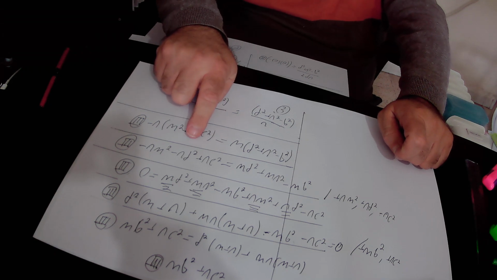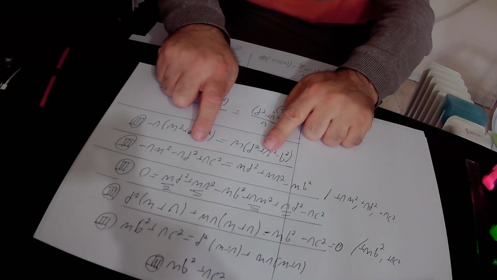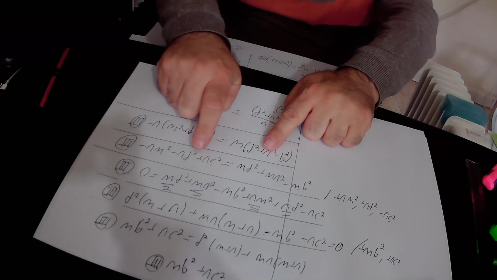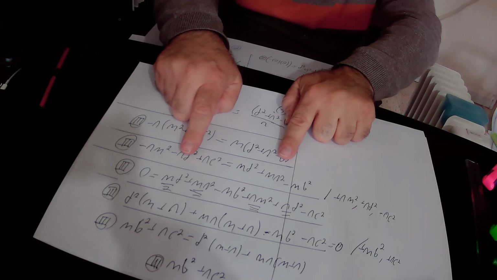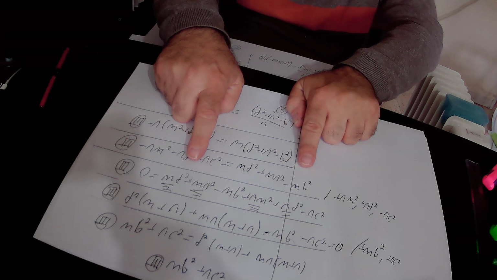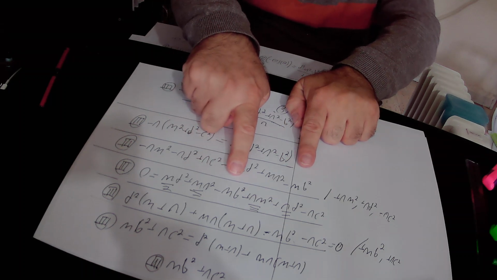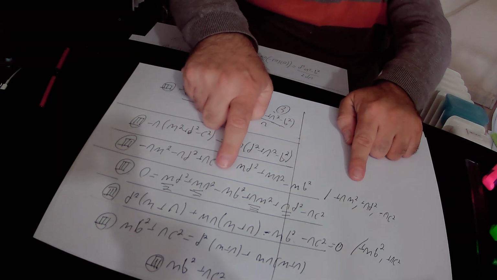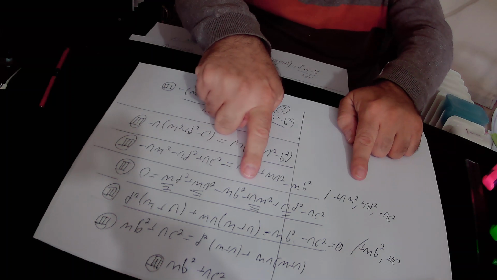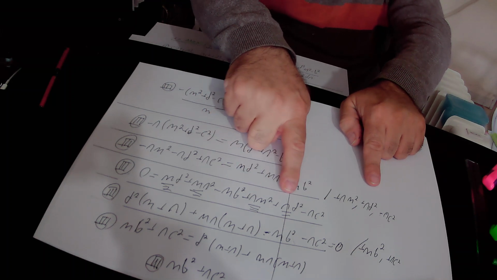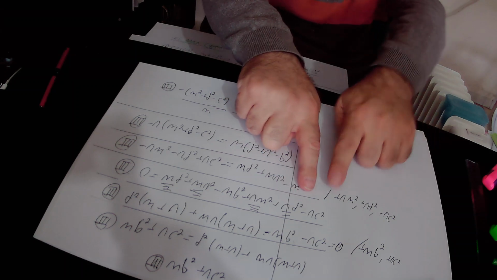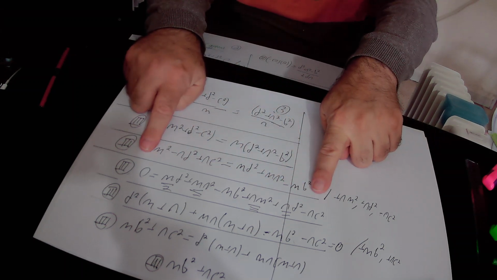On the other side of the equation we have already here md squared plus mn squared minus mb squared, and we have to add to this equation nm squared, and we have to add also nd squared, and we have to subtract nc squared. So these are the expressions that we got.